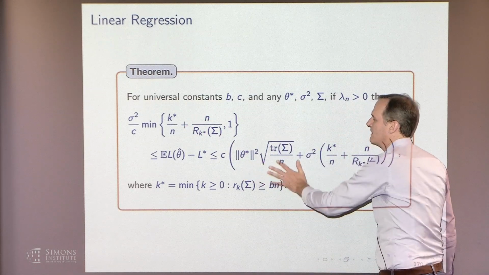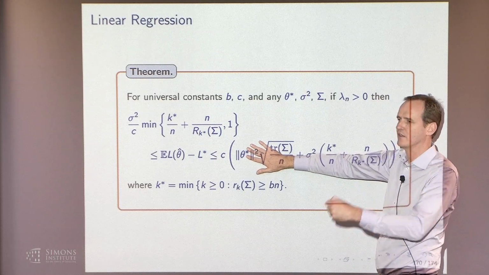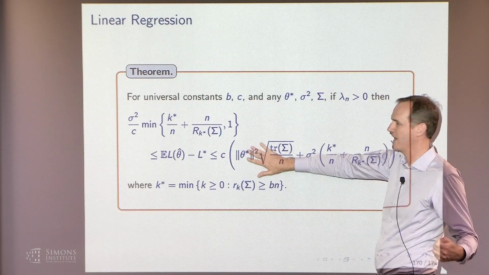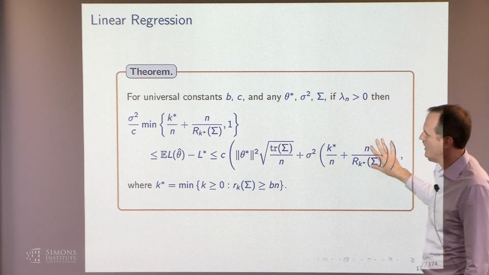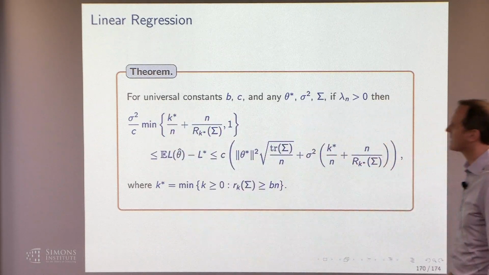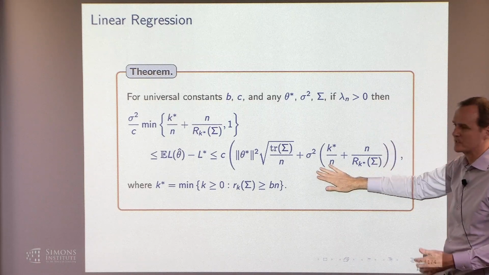There's a term here that's just the classical term about getting the signal right? Getting the theta star to be accurately approximated by our theta hat. That's more standard. This term, and in the lower bound also, is where all the action is. This is the impact of the noise on the parameters. And we get upper and lower bounds, so this is exactly what's going on.